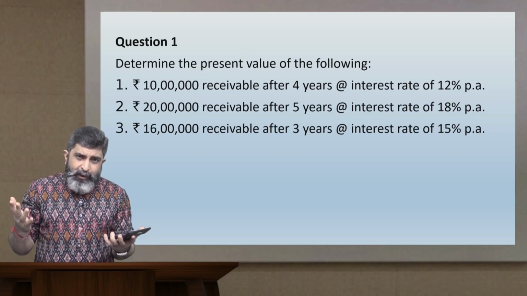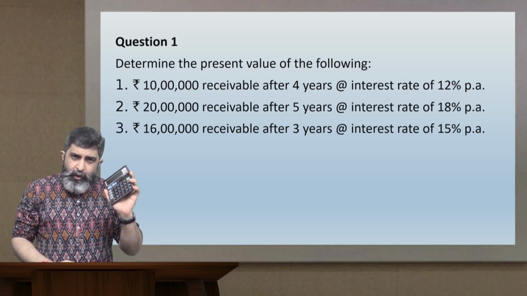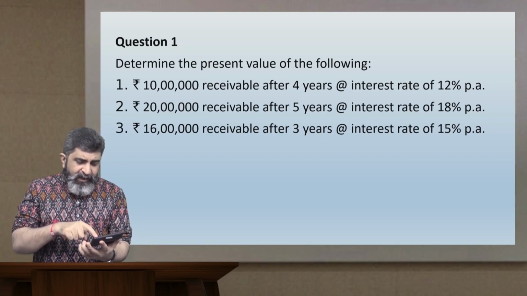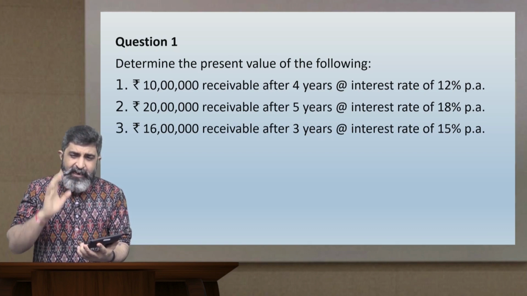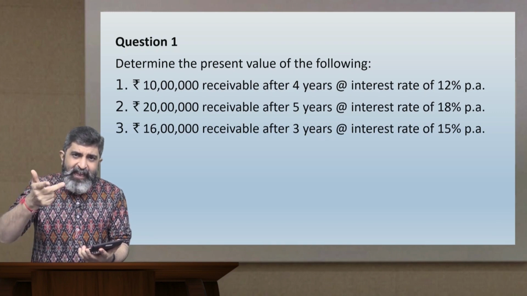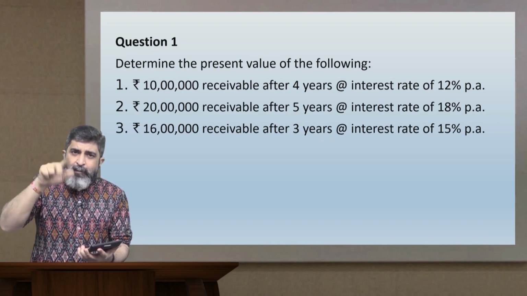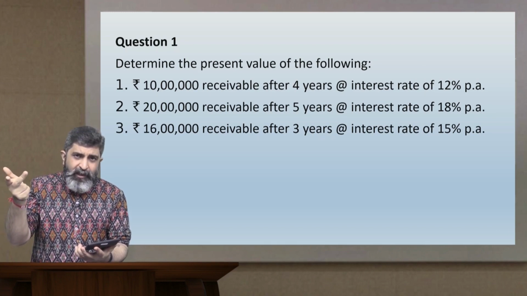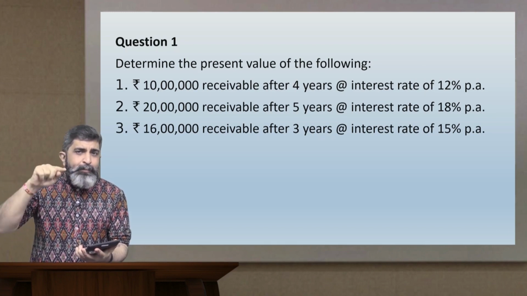So if I have to find the present value of an amount which is rupees 10 lakhs, receivable after 4 years, and the interest rate applicable over here is 12% per annum, what I would simply do on my calculator, I will take 1 divided by 1.12. That is basically inverse of 1 plus I. 1 plus I means 1 plus 0.12 or 1 plus 12%, whatever you say. So 1 plus 12% is 1.12.